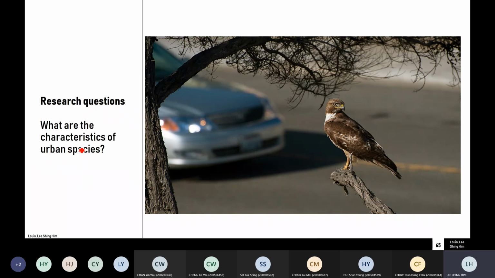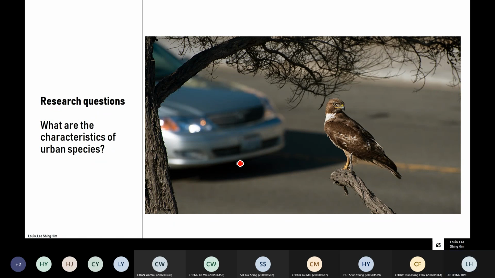So the question they ask is that when I see a raptor, okay, you see this picture, this should be an eastern buzzard.